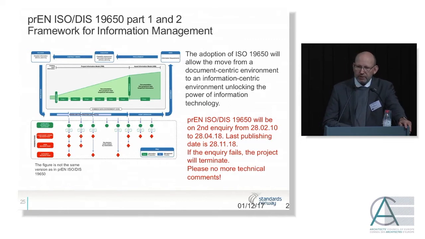So when we launch the second DIS at the end of February, it's already sent over from the working group to ISO and CEN administration, just to prepare, translate and all that. It means if you have more technical comments, there will be no standard. And we really need this standard to build up building information modeling in Europe.